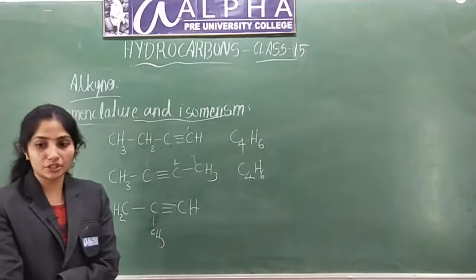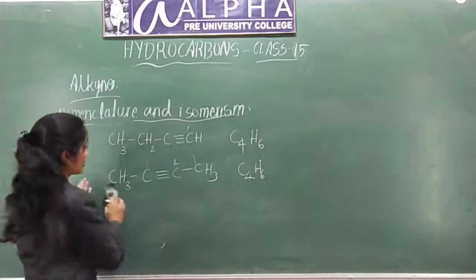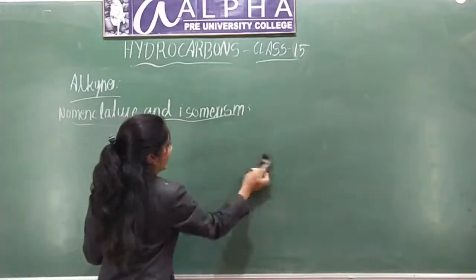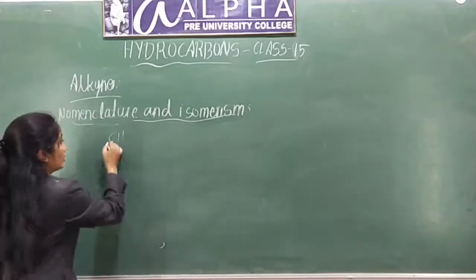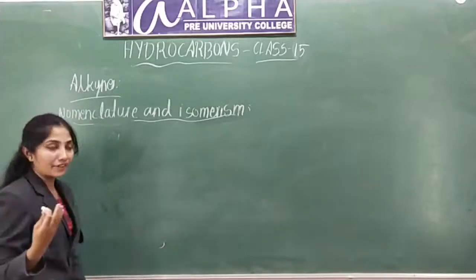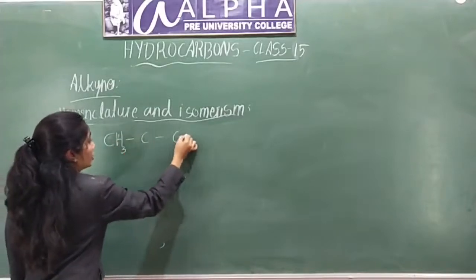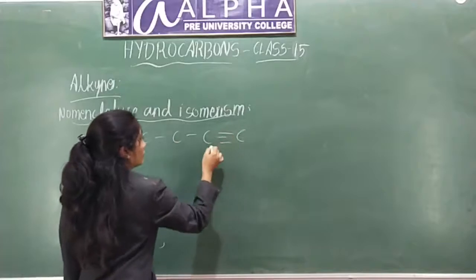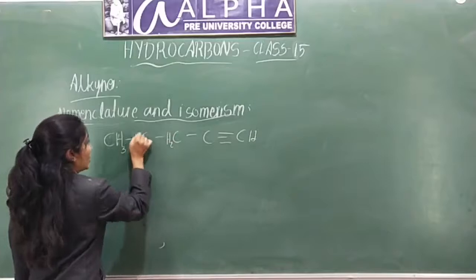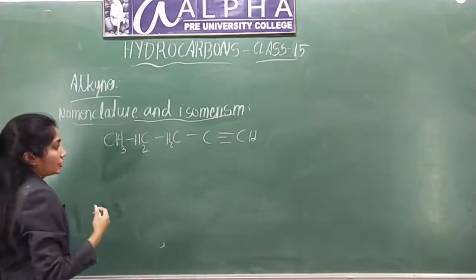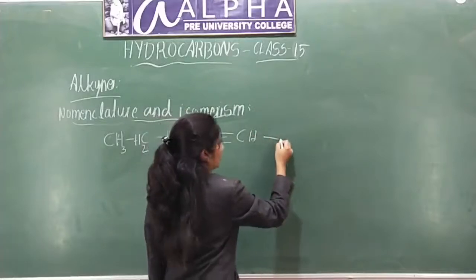If I take pentyne, can you write different structures for pentyne? Yes. Pentyne means it contains 5 carbon atoms: CH3, 1, 2, 3, 4, 5, CH2, CH2. So the name of this compound is pent-1-yne.